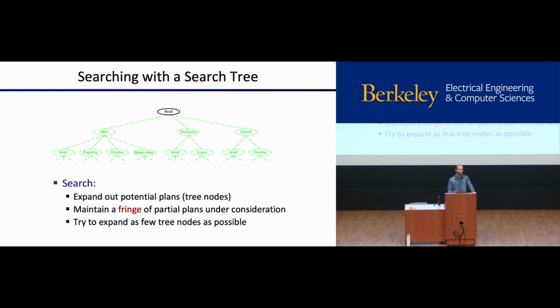So right now, there's one plan under consideration, which is start at Arad. And we'll try to expand as few tree nodes as possible. Now we've gotten rid of the plan start at Arad in favor of more specific plans. Start at Arad, then go to Sibiu. Start at Arad, then go to Timisoara. Start at Arad and go to Zerind. I have no idea how to pronounce these words, but hopefully that's not too bad.